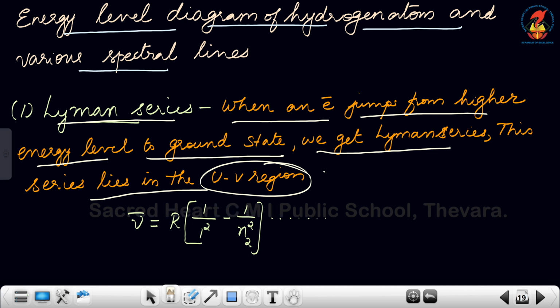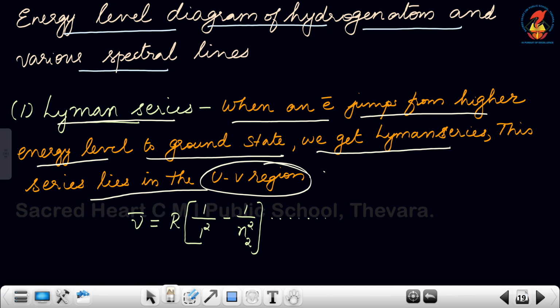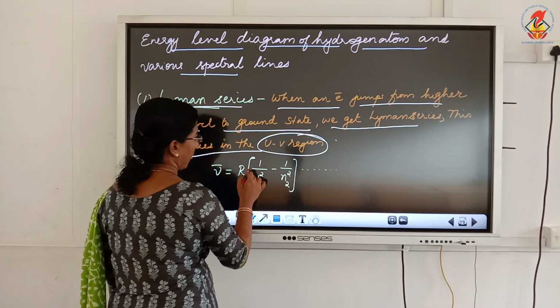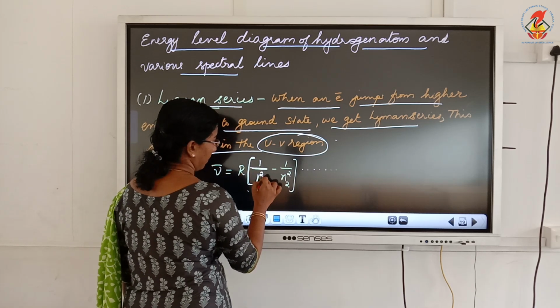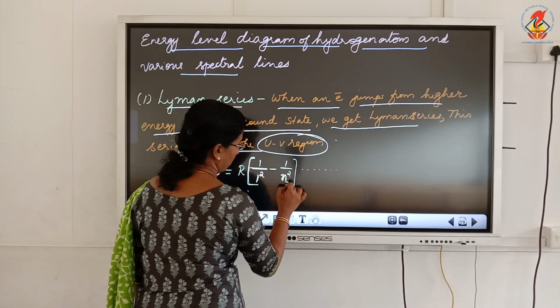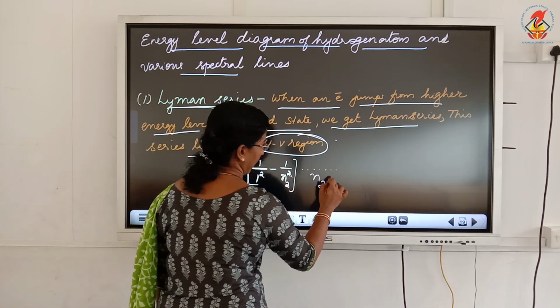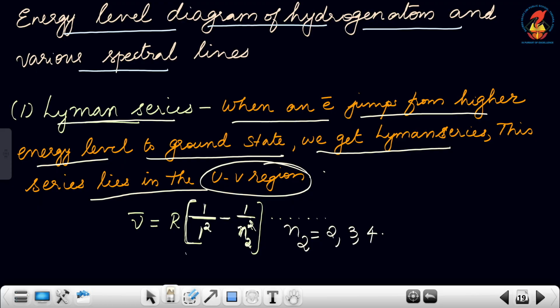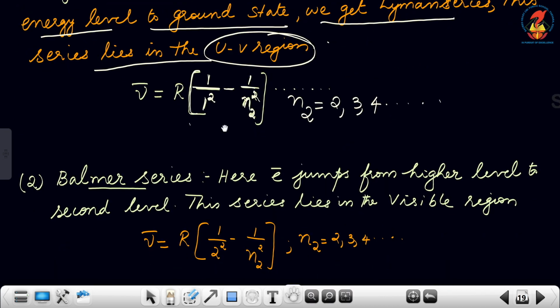The light comes out as UV light, and the equation is nu bar is equal to R into 1 by 1 square minus 1 by n2 square, where n2 can be any value 2, 3, 4, etc.